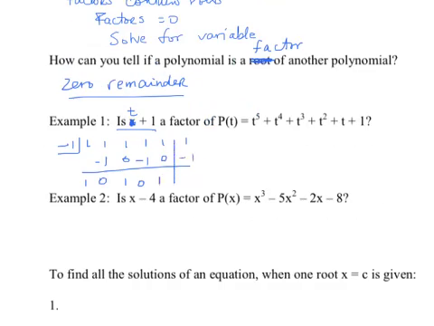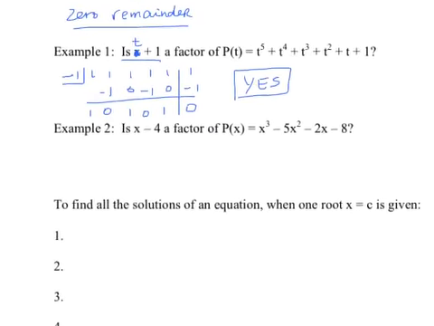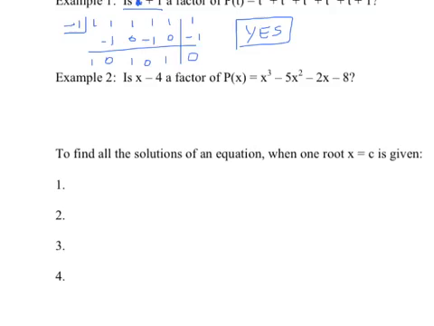Negative 1. There's our remainder. Our remainder is 0, so that means yes. This is a yes or no answer, but support your work. Okay, let's try again. Is x minus 4 a factor? So we're going to put the potential root here.